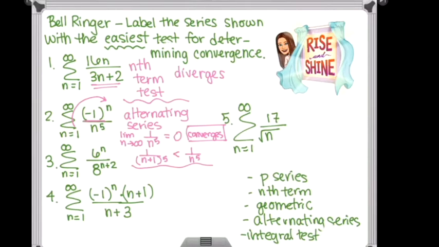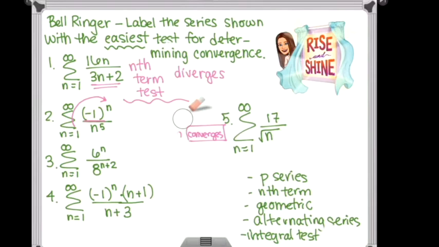Okay, so number 3, I'm going to erase this in a second, so if you want to screenshot that, you can. Number 3, this guy, if you see the n's as powers, it's probably geometric. What I noticed when I was grading a lot of the integral test homework is that people were having trouble recognizing the geometric. It happens when n is in the exponent.